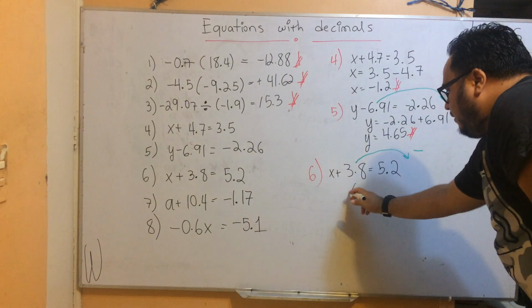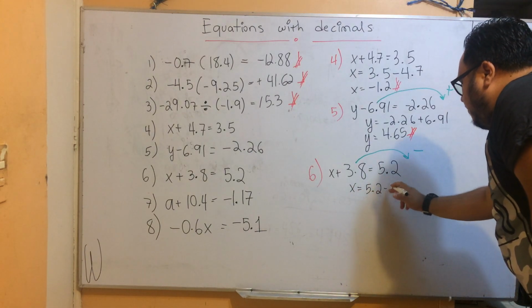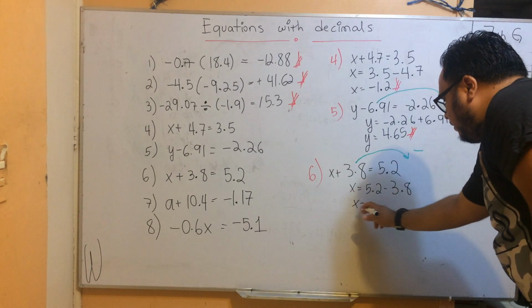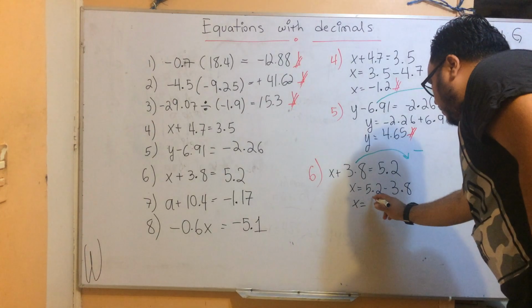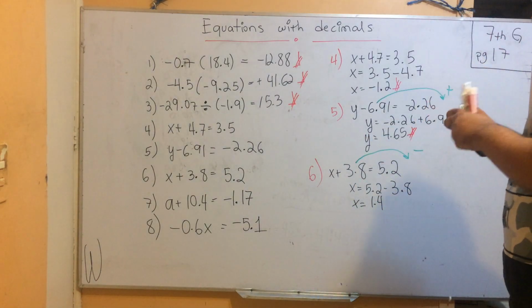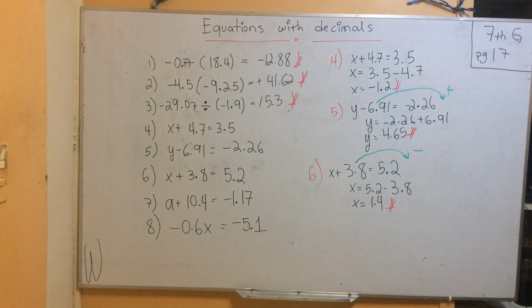So I have x equals 5.2 minus 3.8. We take out our calculators, 5.2 minus 3.8, and we have that the answer is 1.4 positive, because the bigger number is positive.